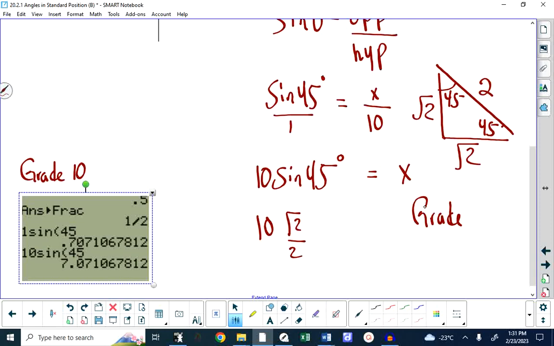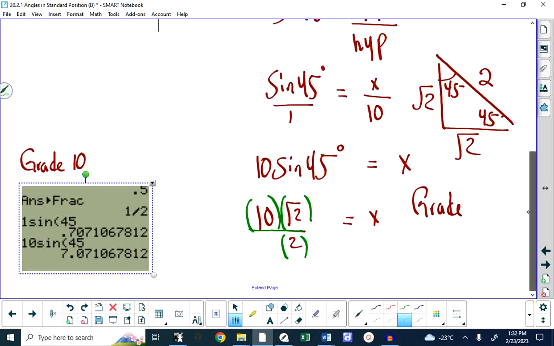Okay. So this is equal to x. By the way, since we're multiplying the 10 on the top, the 10 can be thought of as a factor of the top, and I have 2 as a factor of the bottom. The 10 and the 2 can be reduced to 5.